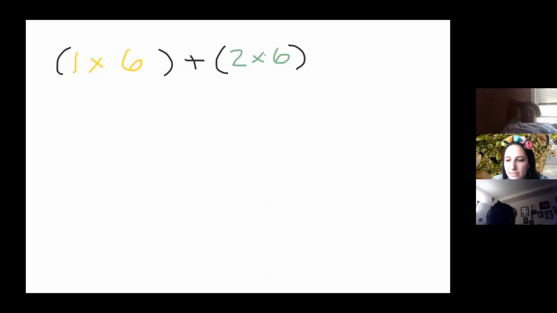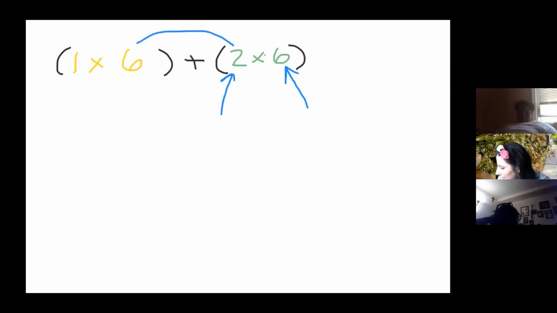Okay. Can you do an arrow to the 6 and then the arrow to the 2? You said an arrow through the 6 and the 2? Like, not those type of arrows. Oh, like this. Okay, like that?